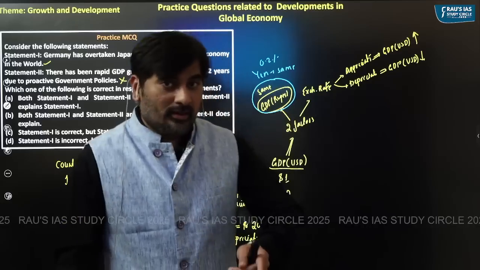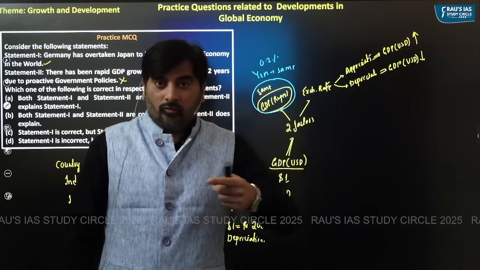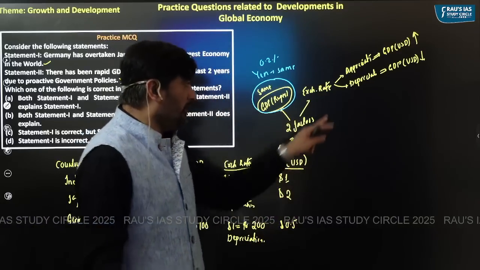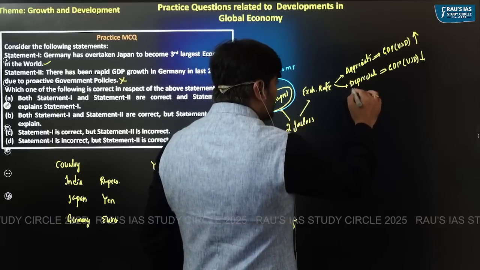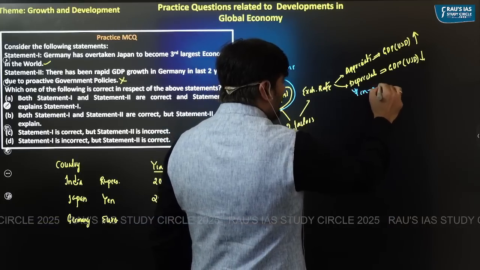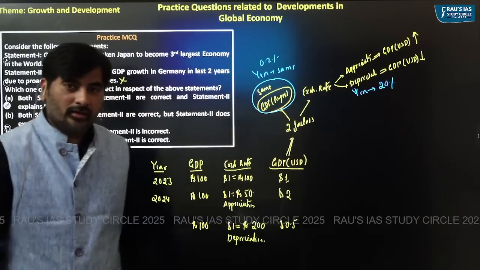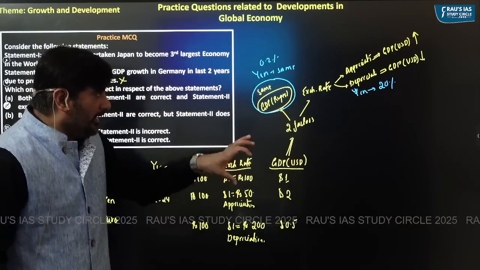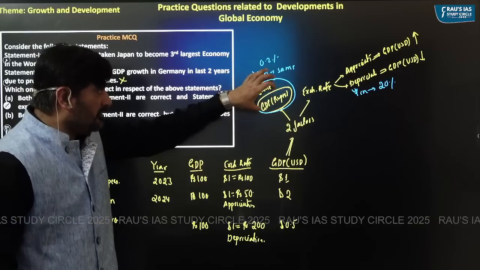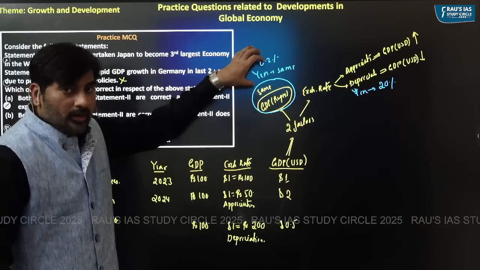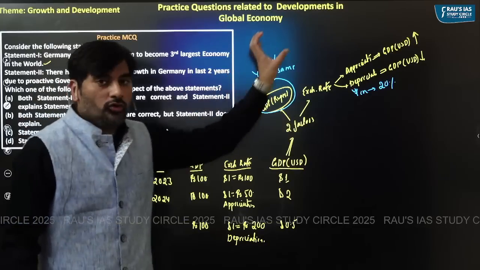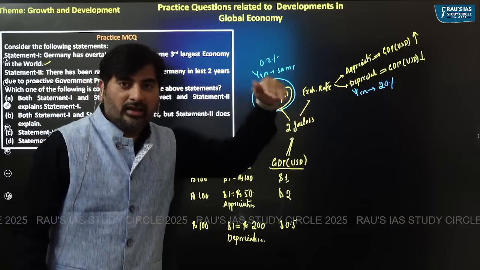But like I told you, in the last 1.5 years, what has happened to the Japanese yen? The Japanese yen has undergone depreciation by almost 20%. So when you compare the GDP size of Japan, converted from yen to dollar, the dollar value that you will get is less.